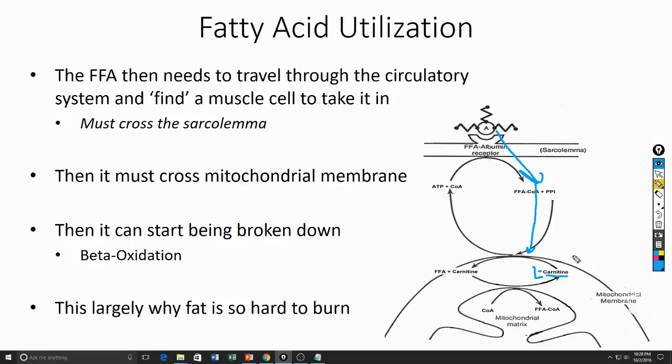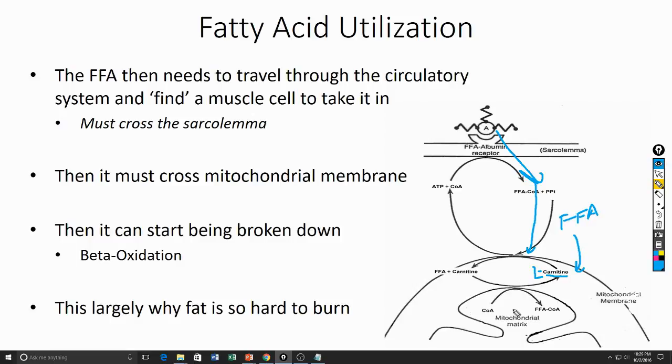The purpose of that supplement is to increase your ability to transport free fatty acids into the mitochondria, because carnitine is the carrier protein. Once you get fats into a muscle cell, you now have to get that fat into the mitochondria. Fats bind with carnitine and are pulled into the mitochondria. That's the idea of that supplement.